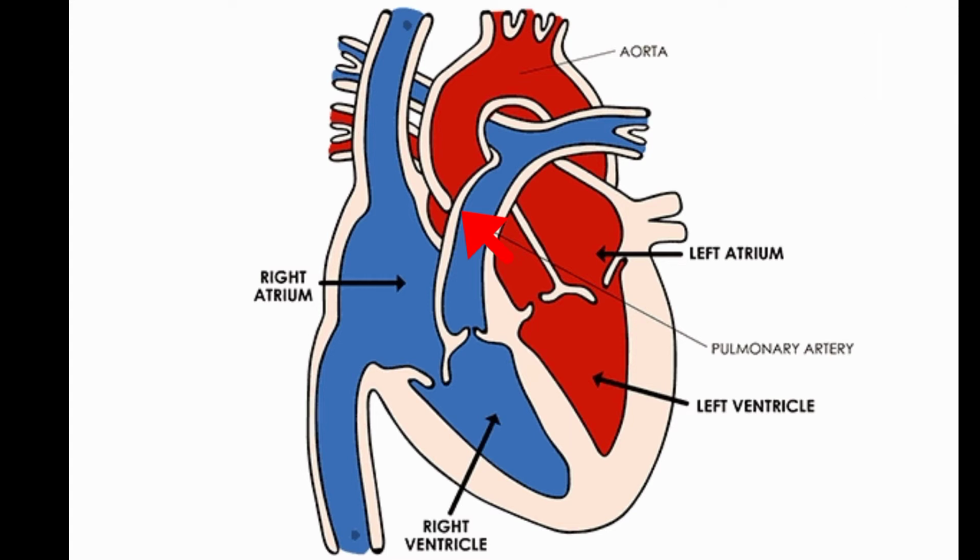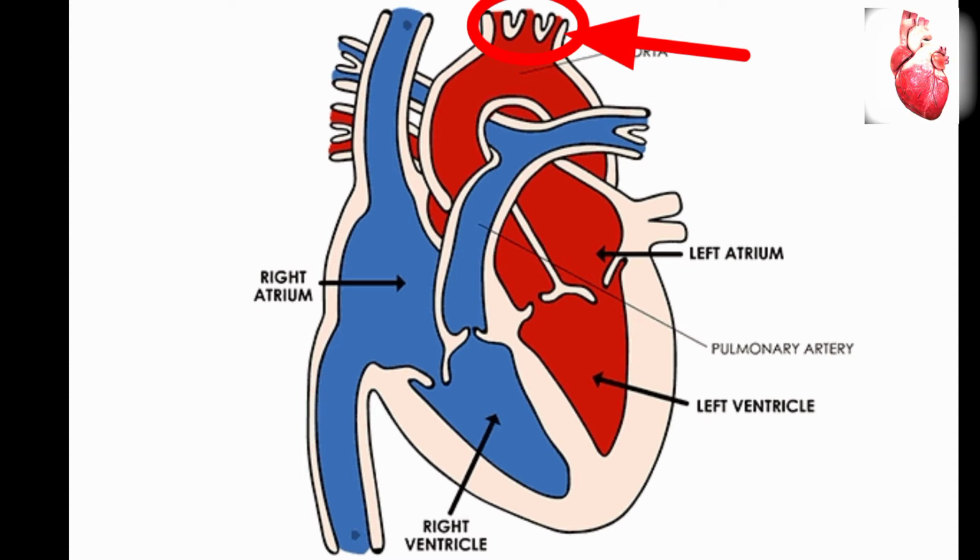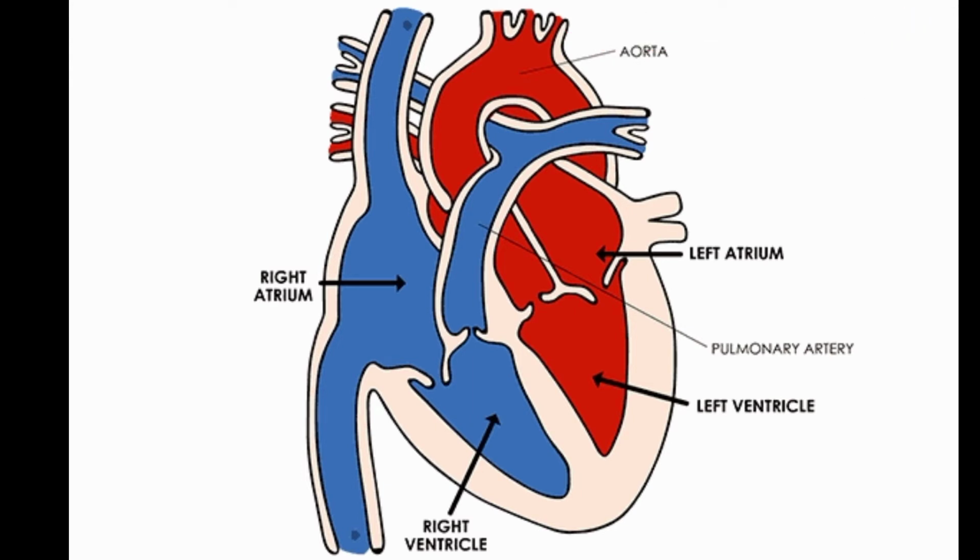We can see 3 openings, 3 veins. Those are the veins that are connected to our brain. Okay, so those are the major examples and the major functions of those chambers.